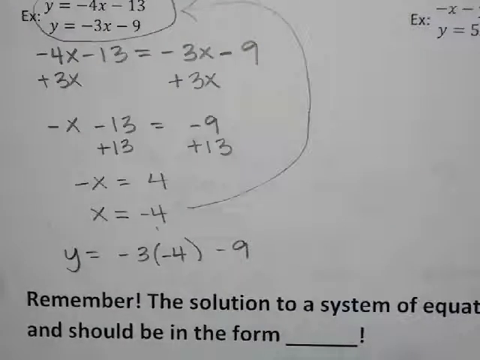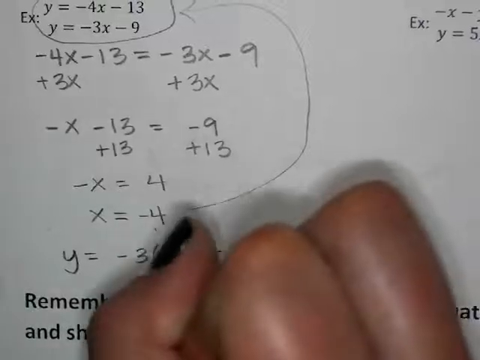What do we get? 3. So we get 12 minus 9 is 3. So x is -4, y is 3.